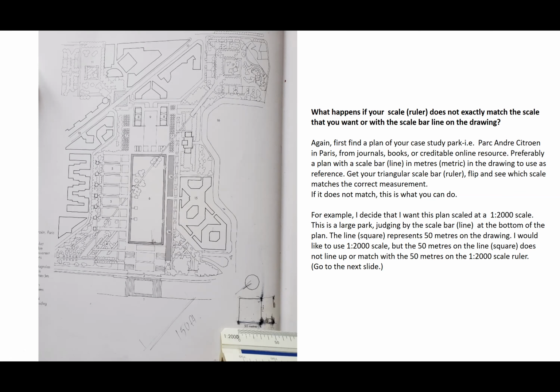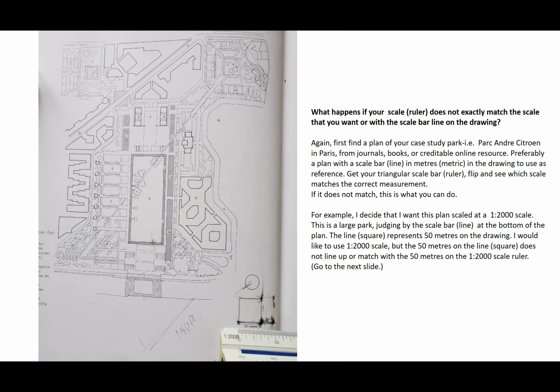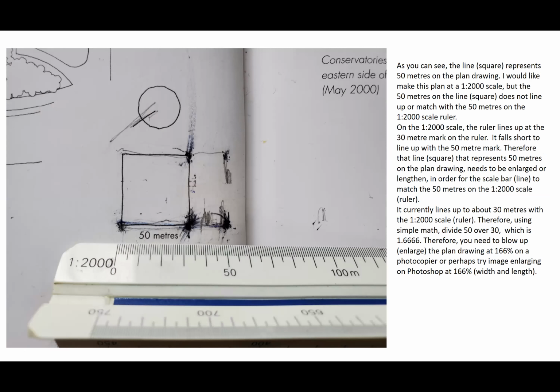So let me go to the next slide here. What I did is it's essentially this page, and I'm just zooming in so you could see what I do at the 1 to 2,000. So I asked you, for example, to put this plan at 1 to 2,000. So what I'm going to do is flip that scale ruler at my 1 to 2,000 scale.